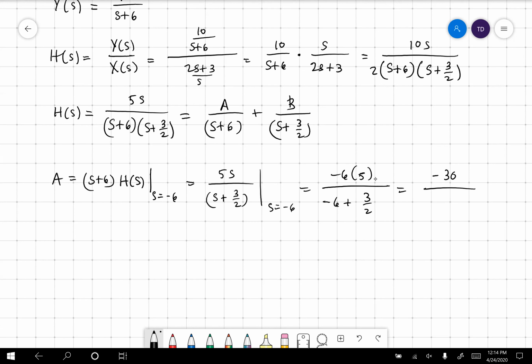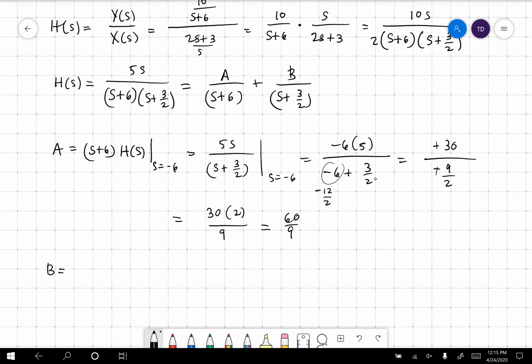In the denominator, minus 12 halves plus 3 halves is minus 9 halves. Just do a little flip there. So this is equal to 30 times 2 divided by 9. The negatives cancel each other out, equals 60 over 9. Great, that's A. Let's find B.